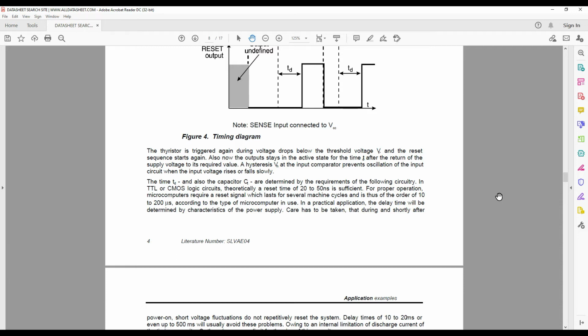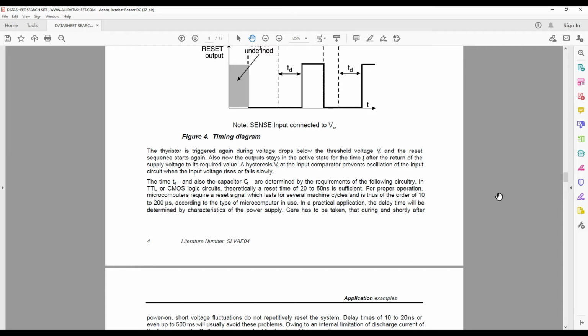Theoretically, a reset time of 20 to 50 nanoseconds is sufficient. For proper operation, microcomputers require a reset signal which lasts for several machine cycles and is thus in the order of 10 to 200 microseconds, according to the type of microcomputer in use.